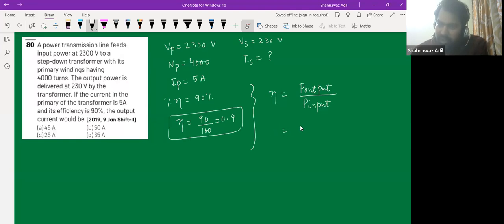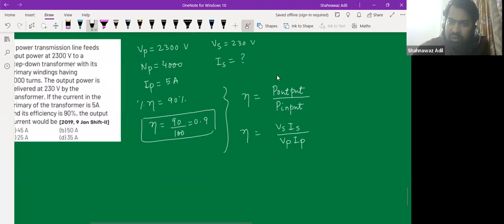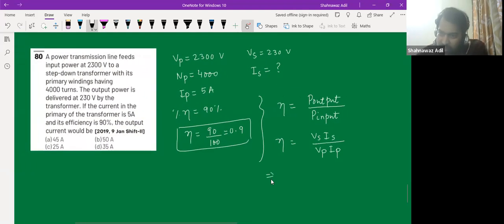That is eta equals VS IS divided by VP IP. The number of turns that is given is not needed here. So eta is 0.9, VS is 230, IS we want, and VP is 2300, and IP is 5.